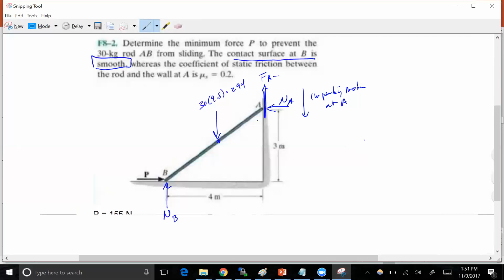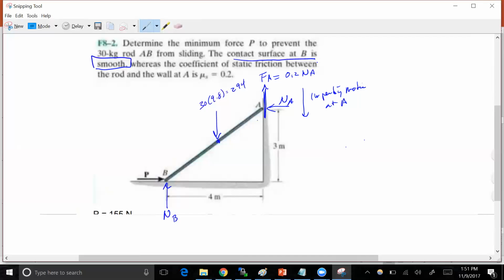Yeah, so FA can be changed to 0.2 times NA. Does that mean we assume that the maximum friction force, we're gonna have to use that, which is the normal times 0.2? Yeah, the minimum force needed to keep it from sliding is going to require the maximum friction force at that interface, pushing you up.